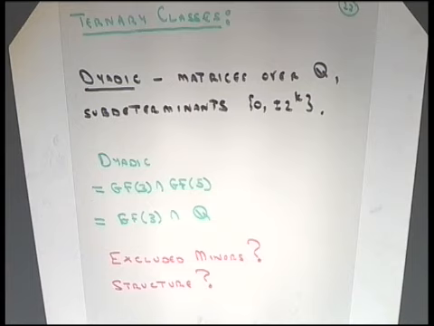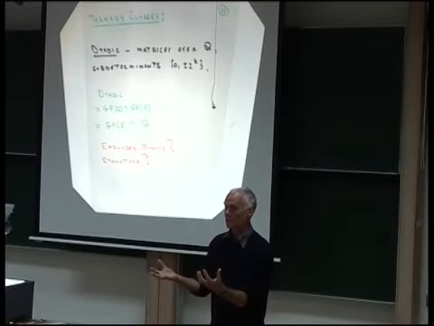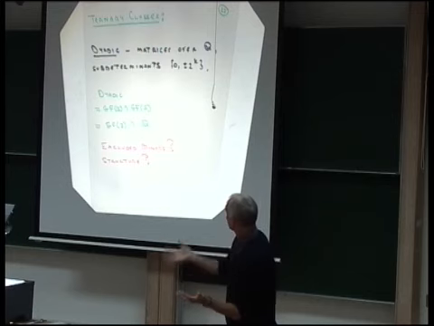Again, there's an easy direction here. It's easy to prove that if you are dyadic, then you're representable over GF3 and GF5. The hard direction, at least I found it very, very hard, but I eventually did it, is that the converse is true. If you're representable over the 3-element field and the 5-element field, then you must be dyadic.